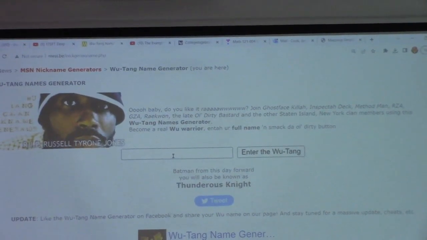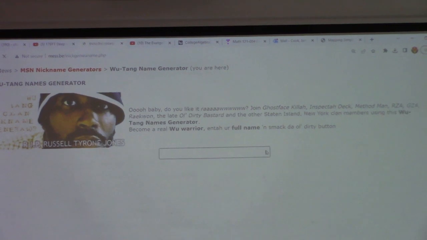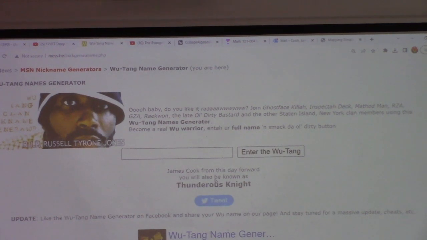There we go. So that's Batman. Let's try this out here. Check this out. Come on. Come back to me. Wow. As you can see, I am Batman up to a Wu-Tang equivalence. So anyway, there you go. That's right.